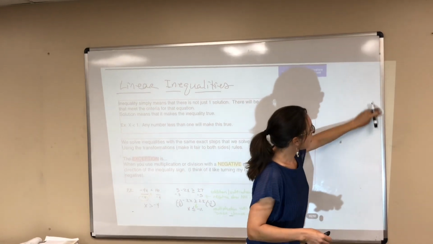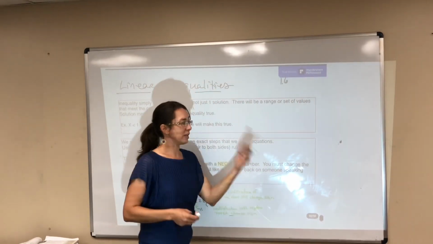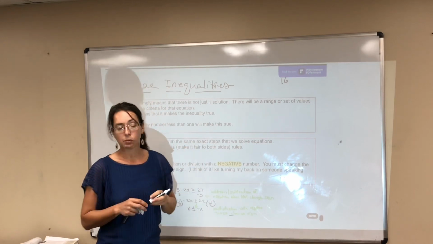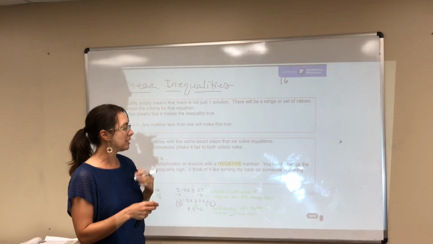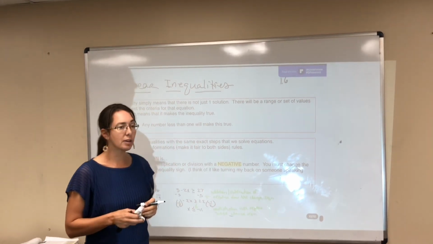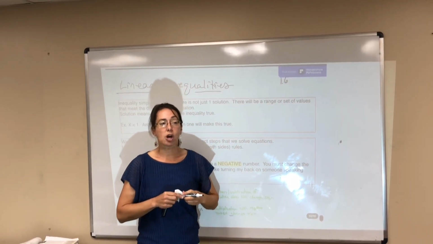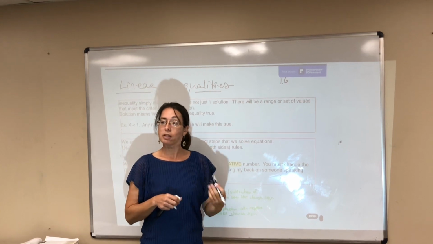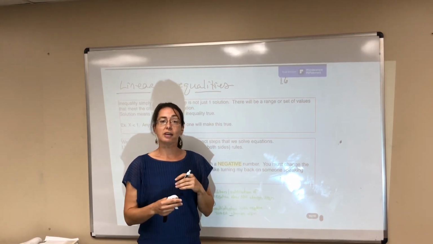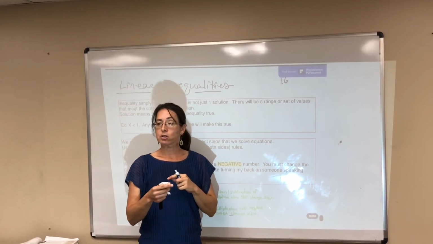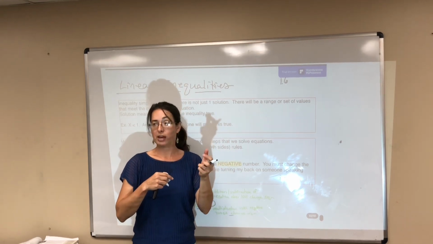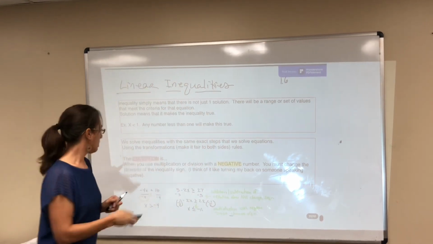So you're going to see it when you're dividing or multiplying by a reciprocal that's negative. So we always need to switch that. That's important for the next lesson, when we talk about absolute value inequalities, you'll see why it looks a little different and what we're doing with switching that sign. So it comes into play for that one.